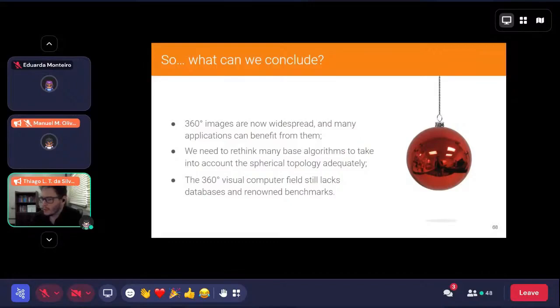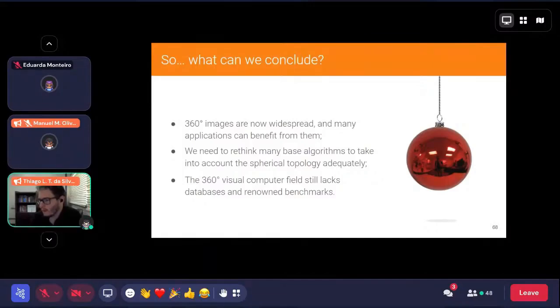So we need to think about some decisions we made when we were thinking about traditional or pinhole-based image processing, and maybe we can or we should adjust those algorithms to explore the correct geometry of those signals.